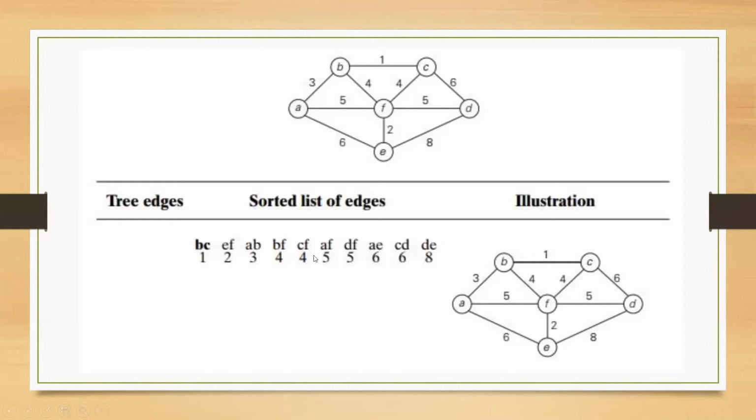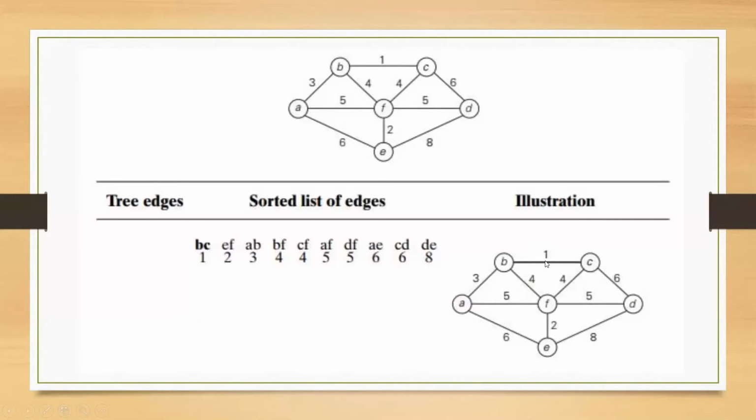After doing this, you take the first edge. Why do you choose the first edge? Because it is the smallest edge. Since it is the smallest edge, we consider edge BC to be part of the spanning tree. Now BC is chosen. In the illustration on the right hand side, BC, which has a cost of 1, is marked with a dark line.